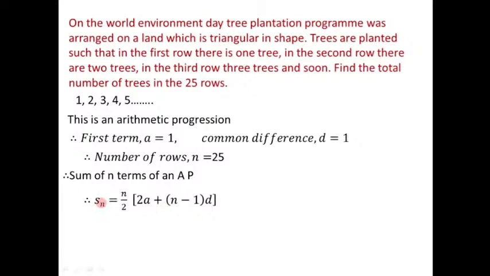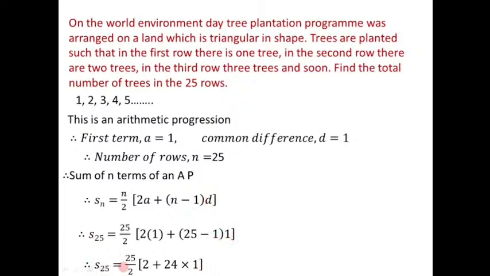So n is replaced here by 25, that is S25 is equal to 25 by 2 into bracket 2 into a, that is 2 into 1, plus n minus 1, that is 25 minus 1 into d, that is into 1. So S25 is equal to, we'll keep 25 by 2 as it is. In bracket we have 2 into 1, that's 2, plus 25 minus 1, that's 24 into 1.